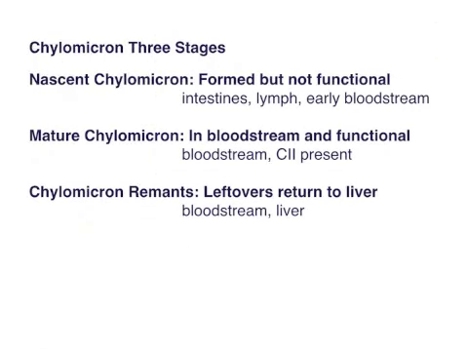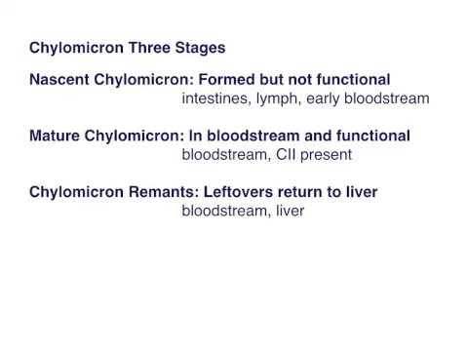Now, chylomicrons, as we said, are formed in the small intestines, and they have 3 stages of development. They start off as a nascent chylomicron. They have all their lipids, but they don't have all their proteins, and we'll talk about that in just a minute, and therefore they're not functional.